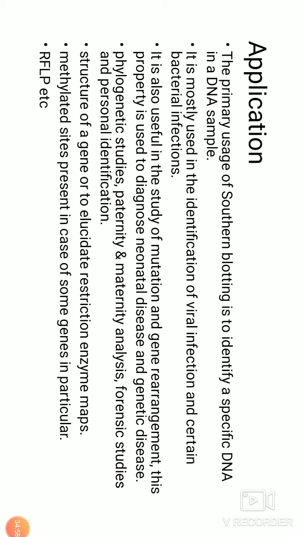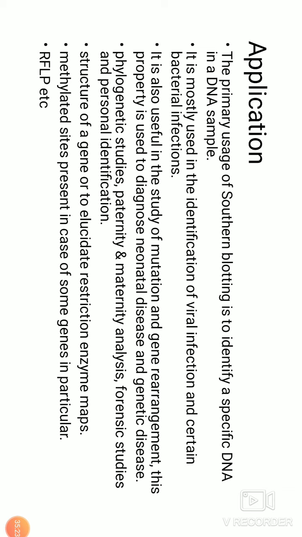So there are various applications of Southern blotting. The primary usage of Southern blotting is to identify a specific DNA in a DNA sample. It is mostly used in identification of viral infection and certain bacterial infection. It is useful in the study of mutation and gene arrangement. This property is used to diagnose neonatal diseases and genetic diseases.